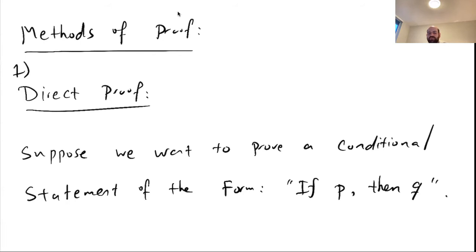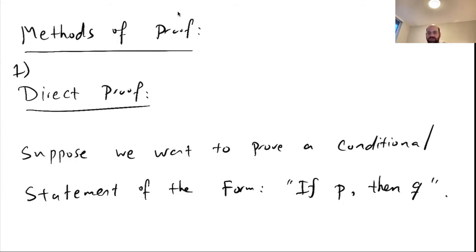Now, most statements in mathematics are of this form. There are one or a few assumptions, and one or a few conclusions. One simple way to prove this statement is to start from the assumption P and then do some type of reasoning or calculations.